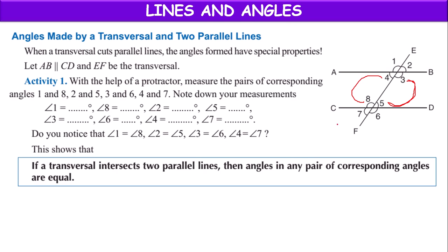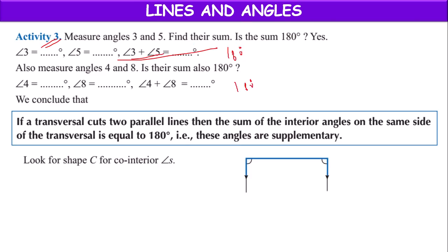This means the sum of the interior angles on the same side of the transversal equals 180 degrees. Either 3 plus 5 or 4 plus 8 equals 180 degrees. This property is not applicable for normal lines, but for parallels and a transversal this property is applicable.